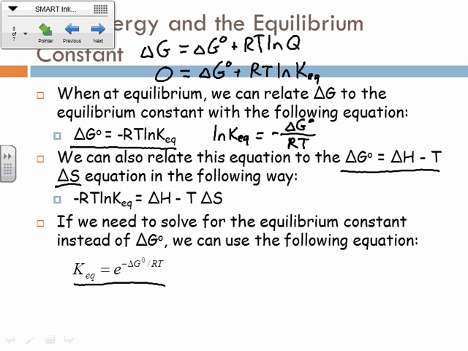Then to get rid of the natural log, you just E both sides. And so what you end up with is KEQ is equal to E to the negative delta G over RT. So this whole thing just becomes the exponent with the base E. That can come in handy sometimes if they ask you to solve for the equilibrium constant when they give you the delta G.